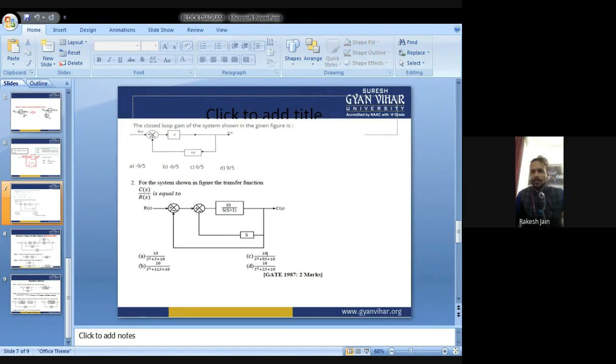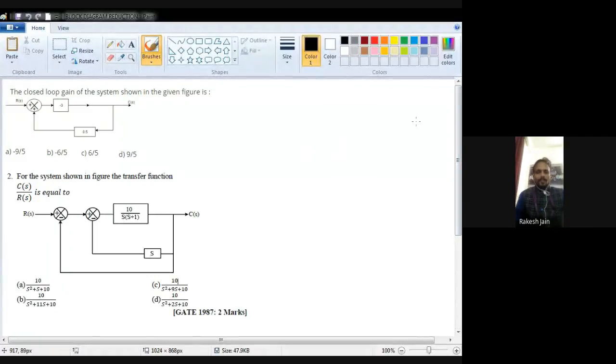I just copied them into MS Paint, and now I am going to show you. So see, those two numericals are now copied here, and we just want to find out the answer.